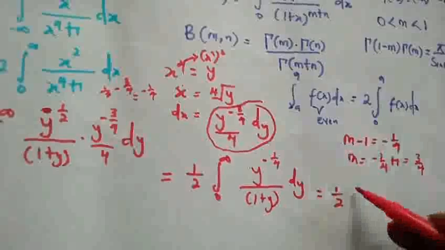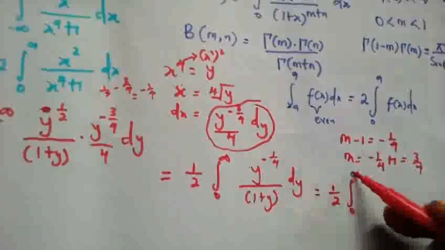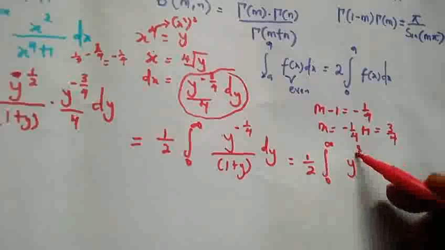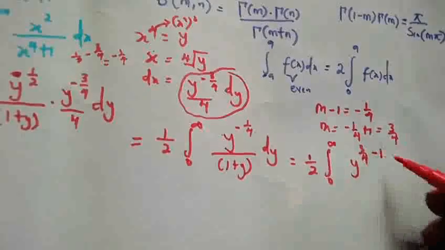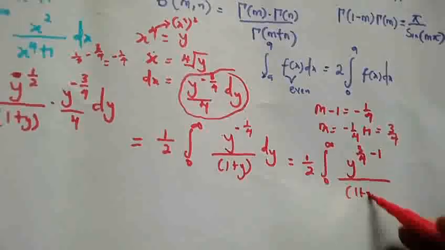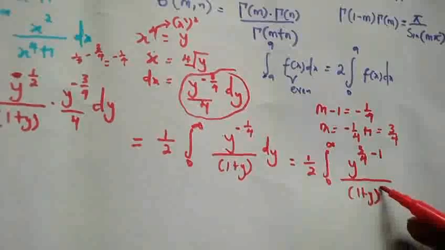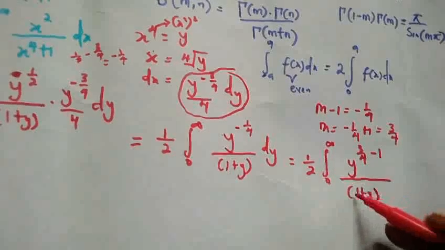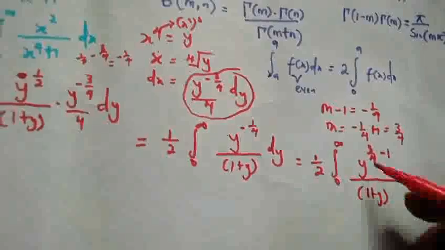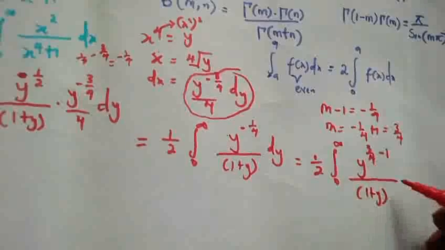Okay, and down here, let us first make the arrangement. So we have integral from 0 to infinity, then y raised to power 3 all over 4 minus 1, that is what we have as the new power, all over 1 plus y. Then remember we have 1 as the power of this expression, 1 plus y here. So what is that which we are going to add to 3 all over 4 to give us 1?